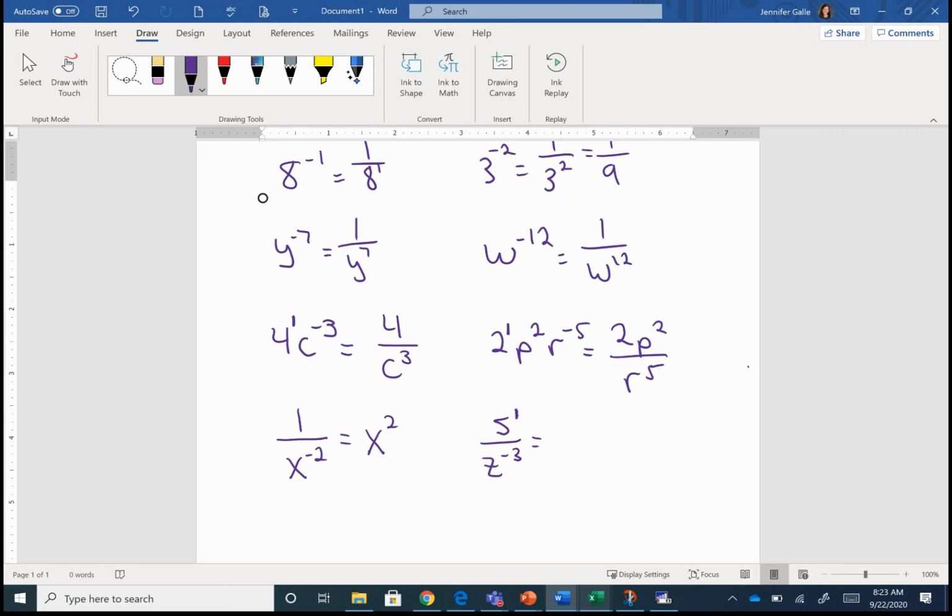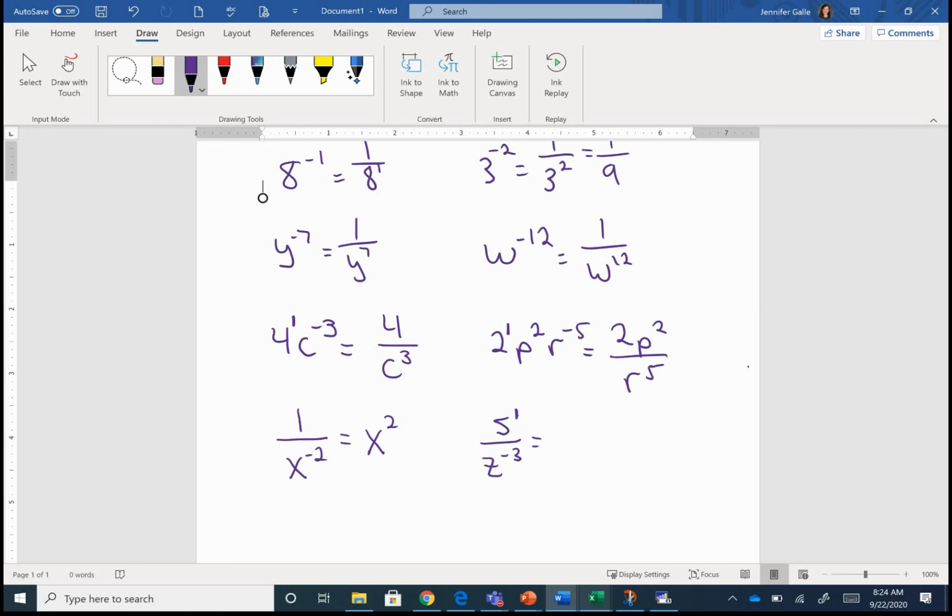Keep this. That's a good thought that it became negative down here. Keep it up top. Keep it positive. Keep the 5 up top. What do we think, guys? What's going to move? What's going to stay? Come on, you're on a roll back here.